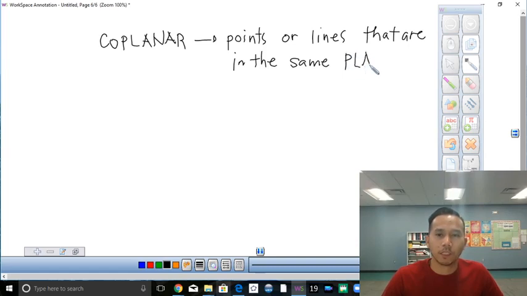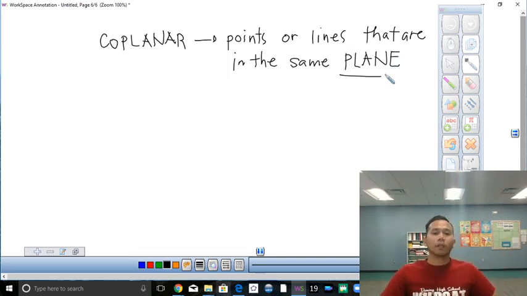I want to emphasize that. They are on the same plane. A while ago, collinear, points that are on the same line. Coplanar, these are on the same plane.